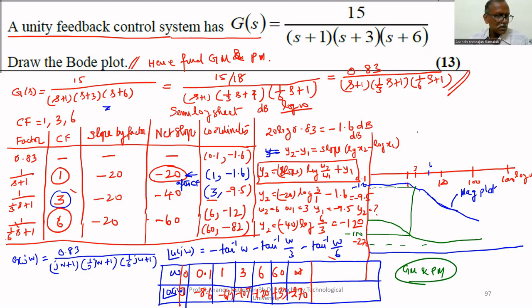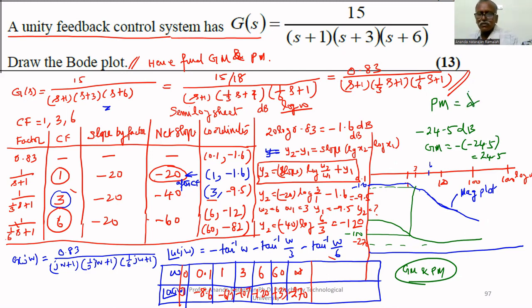Magnitude is minus 24.5 dB. Therefore, gain margin equal to minus of minus 24.5 equal to 24.5. Phase margin, how to find? We have to see where it crosses 0. It starts at minus 1.6, ends at minus infinity. Never crosses 0. Therefore, phase margin is infinity.